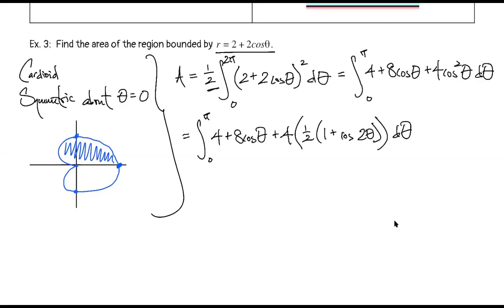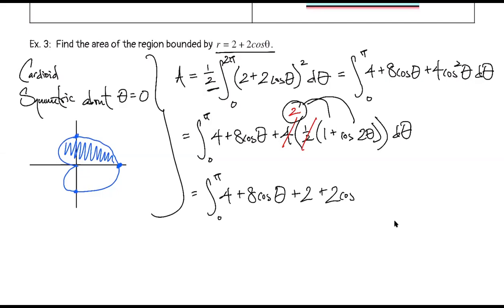Which is nice because this 4 and this 1/2 are going to reduce to 2. So I get the integral from 0 to pi of 4 plus 8 cosine theta plus, let's take this 2 and distribute it, 2 plus 2 cosine 2 theta d theta.